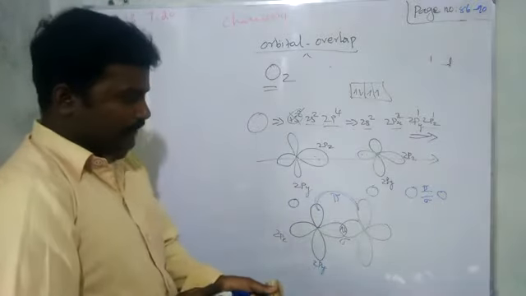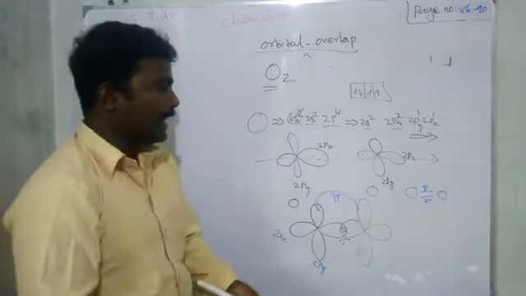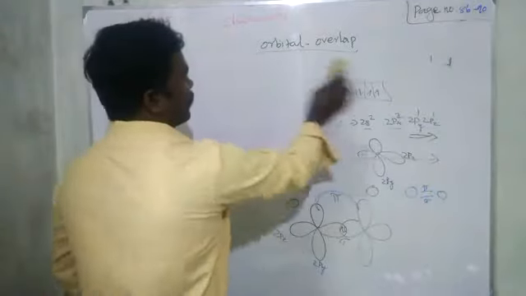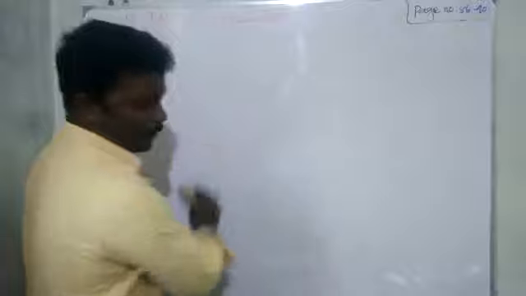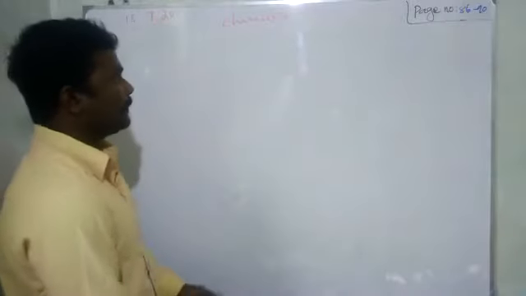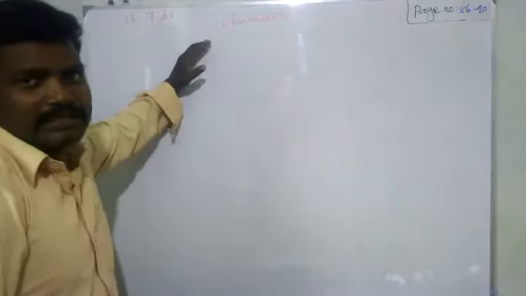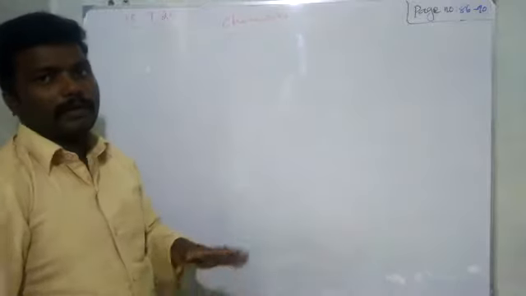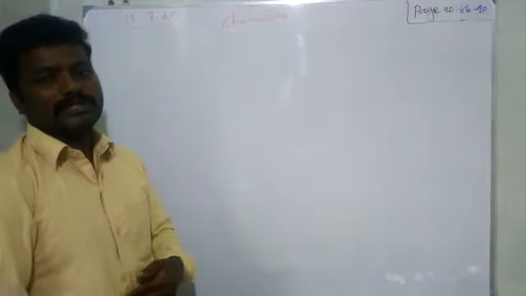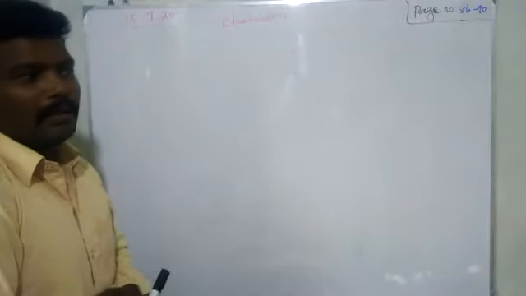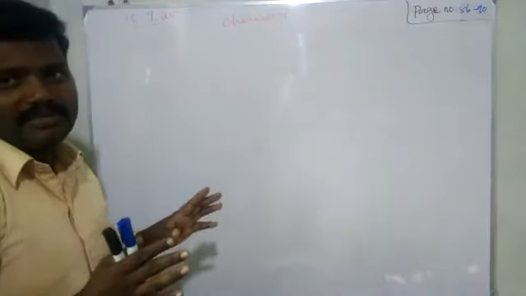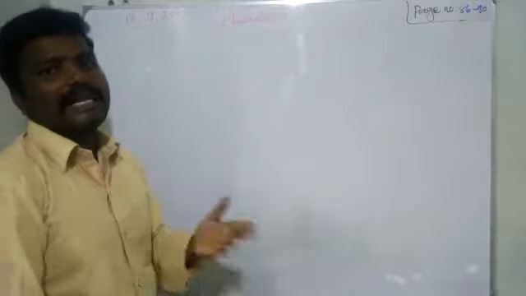Okay, next we are going to learn about hybridization. What do you mean by hybridization? Only one example we will see in that. Usually we explain overlapping based on the atomic orbitals. If there are two atoms in the molecule, we can easily explain.